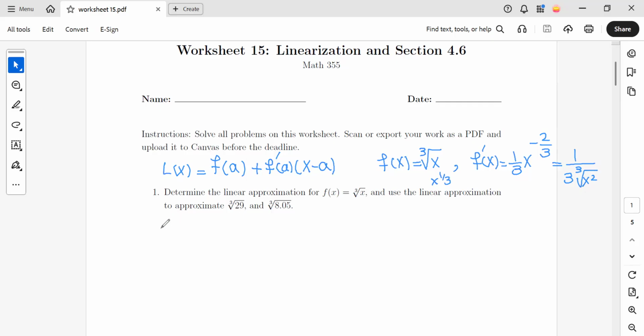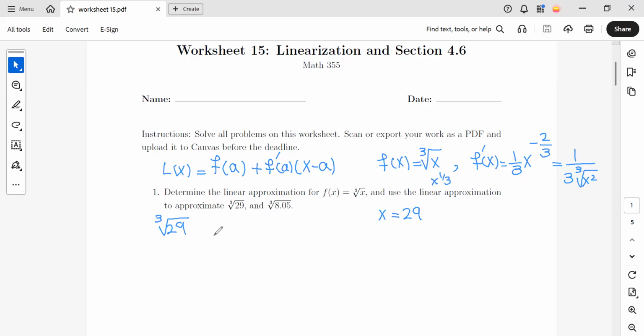Now, thinking of cube root of 29, when we say cube root of 29, we're going to say that x is 29.